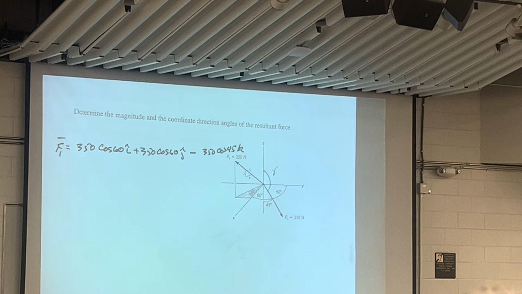All right, so F1 is going to be 175i plus 175j minus 247.487k. Notice 3 decimals.